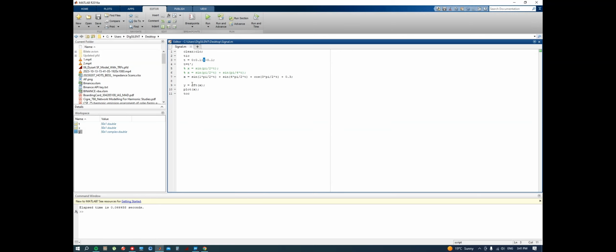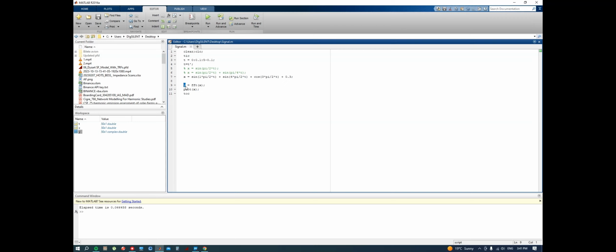This signal is going to be introduced in the dedicated fast Fourier transform algorithm, and we are going to obtain the frequency component vector.